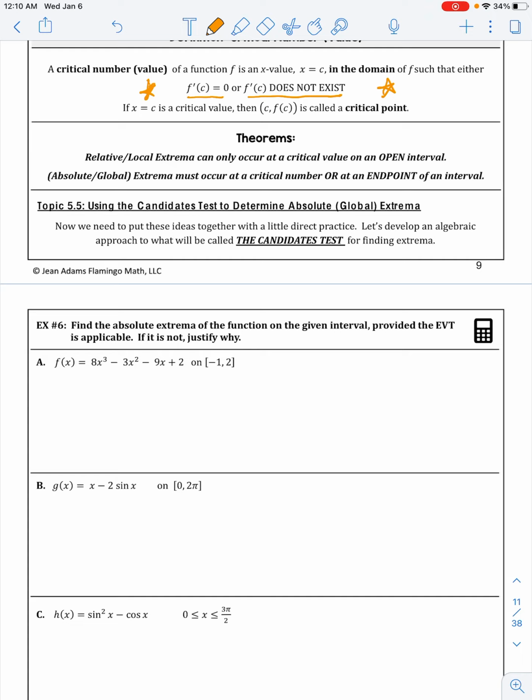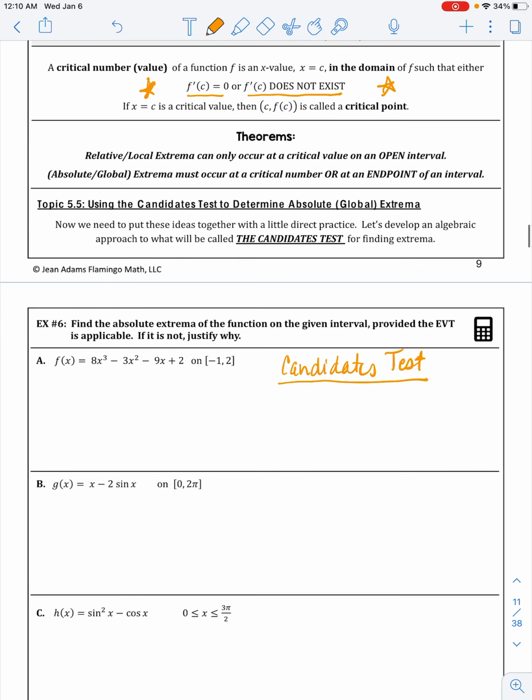And so we've got our values, and here's our candidates test that they were talking about. We want to use the derivative to find critical numbers.